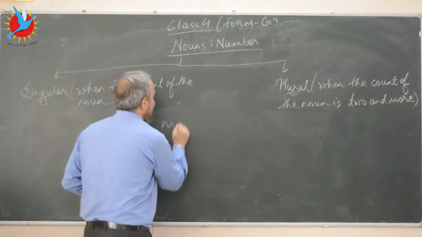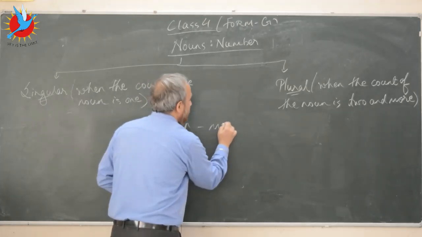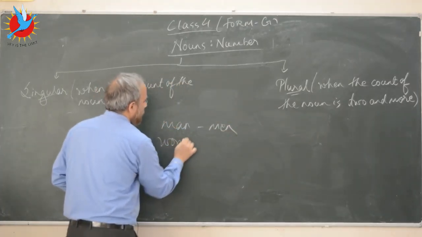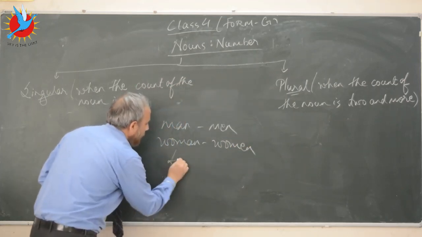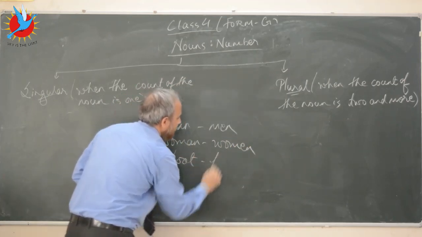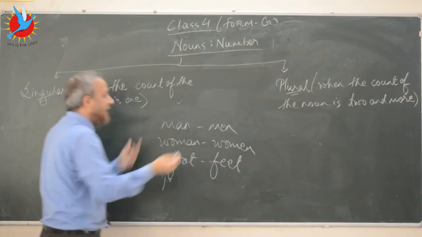There are other ways of making nouns plural as well. For example, man will become men, woman becomes women, foot becomes feet. So what have we done here, kids?